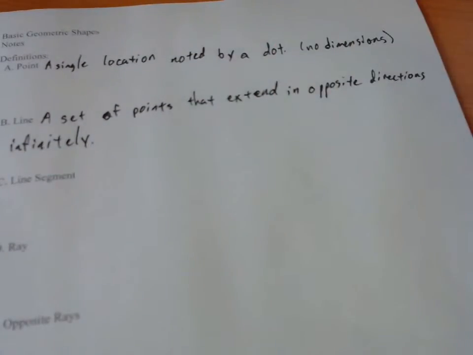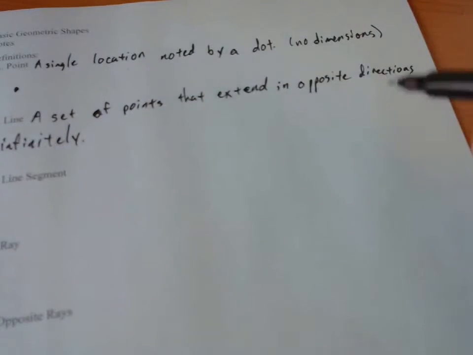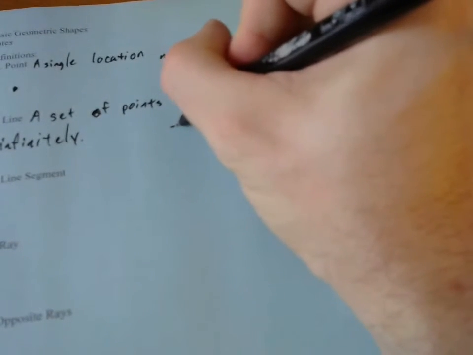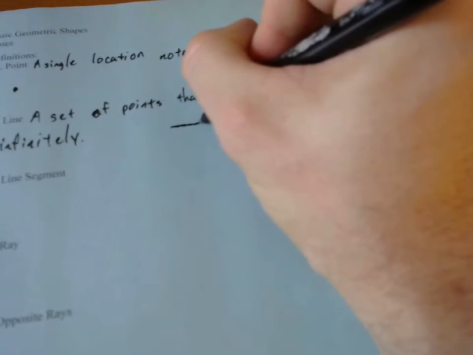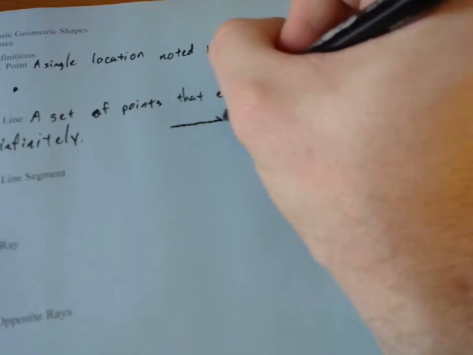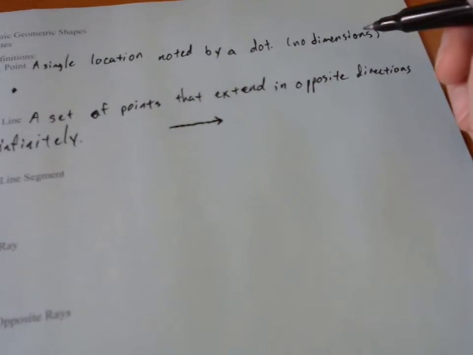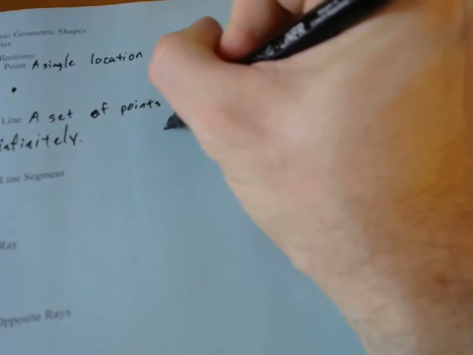Now, I'm going to go ahead and give you an example here. Like above the point, we had a single dot, like that would be our point. What we're looking at here is we've essentially got an infinite set of points, dot, dot, dot, dot, dot, dot, dot, dot. And I'm going to keep going and going and going. And to show that we're going and going, never ending, we put an arrow on the end. And then we're going to go the opposite direction. So you go away from each other.